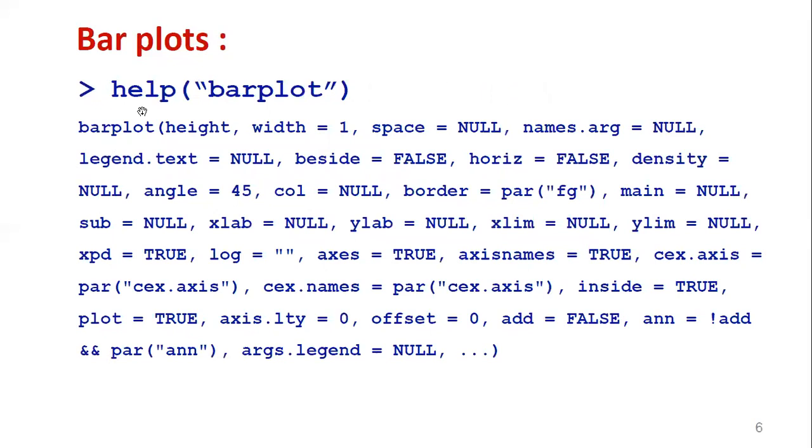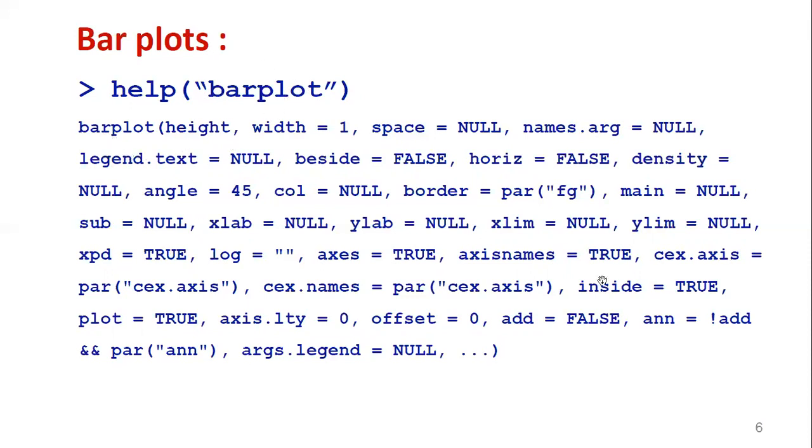Now, if you want help about barplot, you can type help within parentheses with double quotes, barplot. Like any graphical tool, if you want help, use the help command within quotes within parentheses and mention the name of the graphic tool.